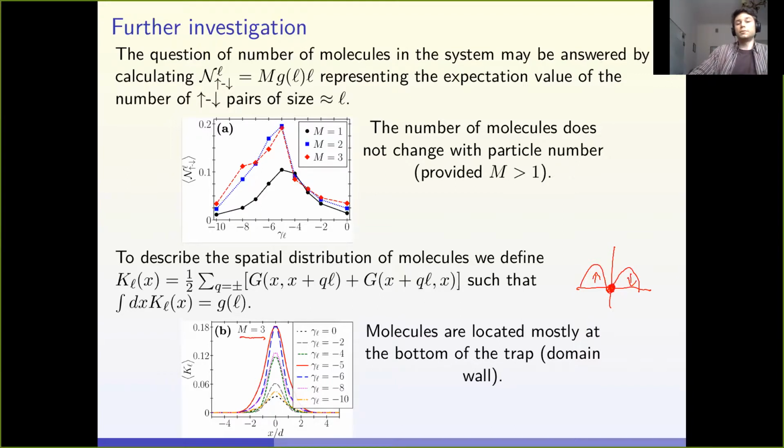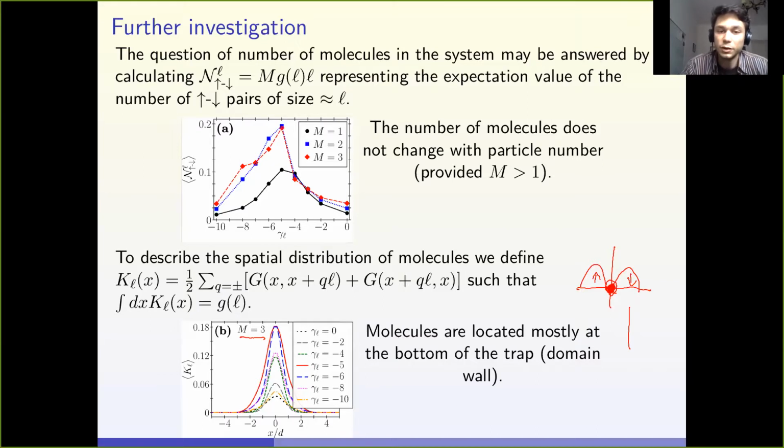Okay. And now this is 1D, so this region is very small. And you may argue that, okay, molecules can be formed only here. What happens if I increase the number of particles? Then this region, which is essentially a point in 1D, does not grow.